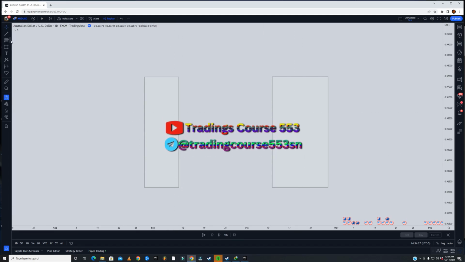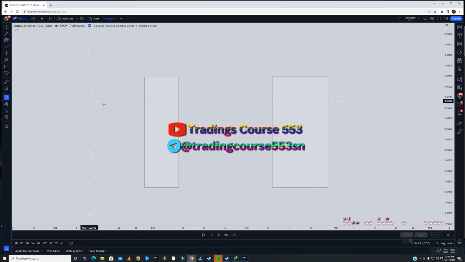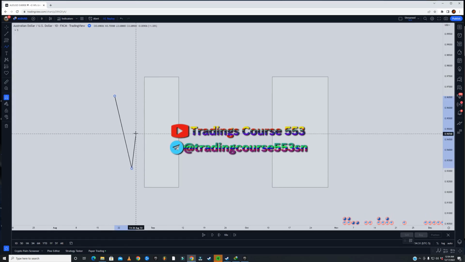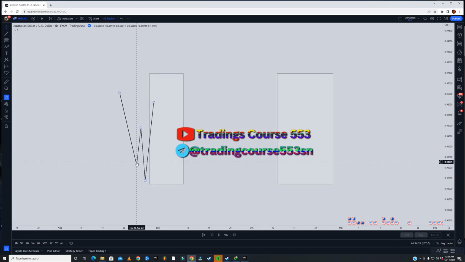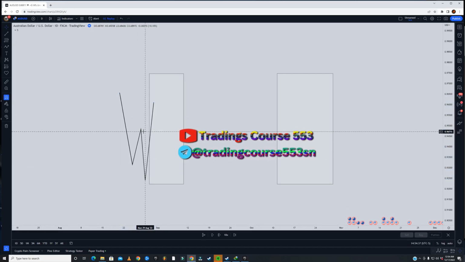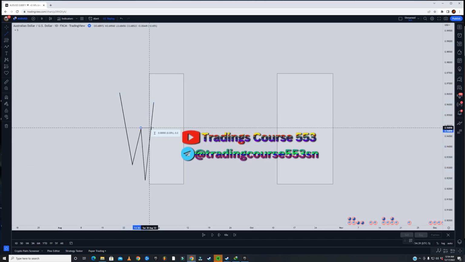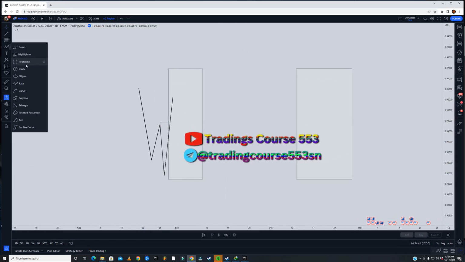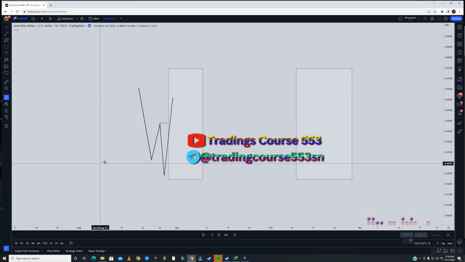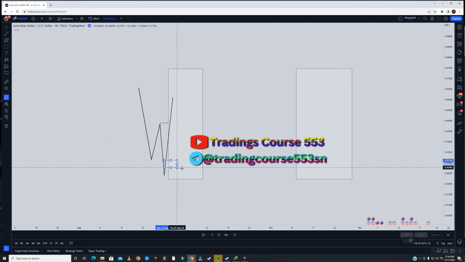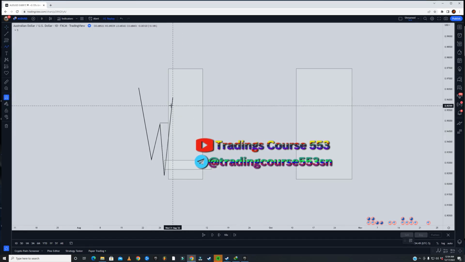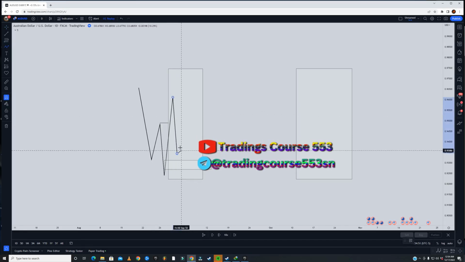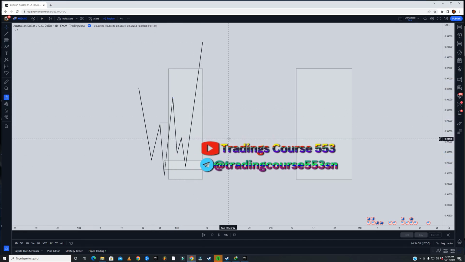So your entry must be, so you have a break of structure here. So now let's say, sorry, change of character, market structure shift. You have market structure shift here, right? So you don't want to take your trade outside the kill zone. You want to take your entry during the kill zone hour. So let's suppose this is the London kill zone, right? So you have your entry and boom.